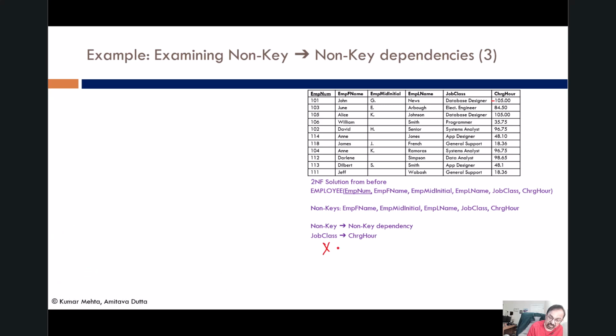Here's your x, here's your y. The definition of a functional dependency was one value of x is associated with at most one value of y. Meaning if I know x, I know y exactly. And that's the case over here. If I know the job class, I know the hourly charge. So here you have a situation where you have two non-key attributes that have a functional relationship between them. So then I know that this table is not in third normal form, and it can give rise to insert, update, and delete anomalies. So how do I deal with that? How do I fix that illness?